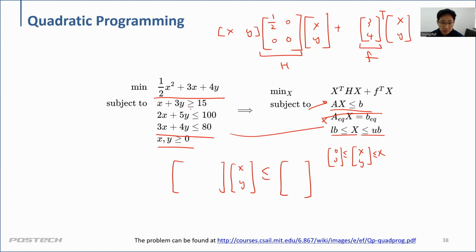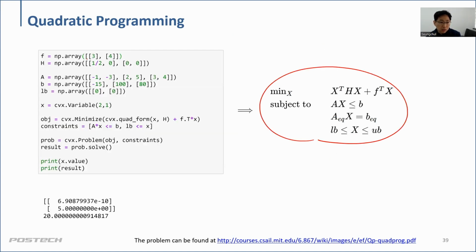And just be cautious about the direction of inequalities. I will say it like that. This one, yes, like that.